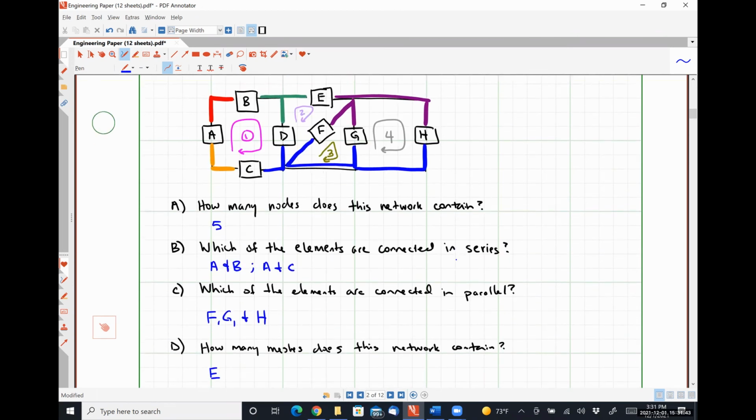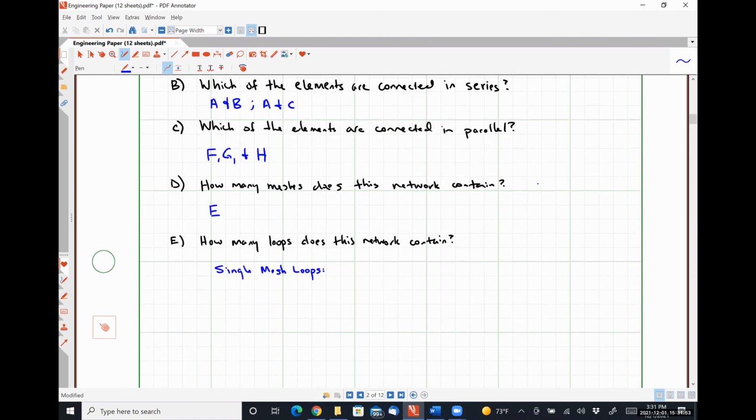Maggie again, how many single mesh loops are there? Obviously 4, right? Because it's the 4 meshes we just identified. So I'm just going to call this mesh 1, 2, 3, and 4.